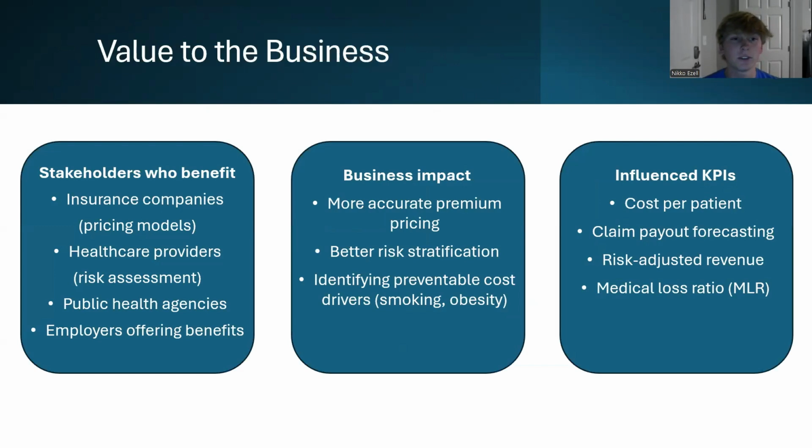And then the value to the business: stakeholders who benefit are insurance companies when determining their pricing models, healthcare providers when determining the risk assessment of patients, public health agencies, and employers offering benefits.